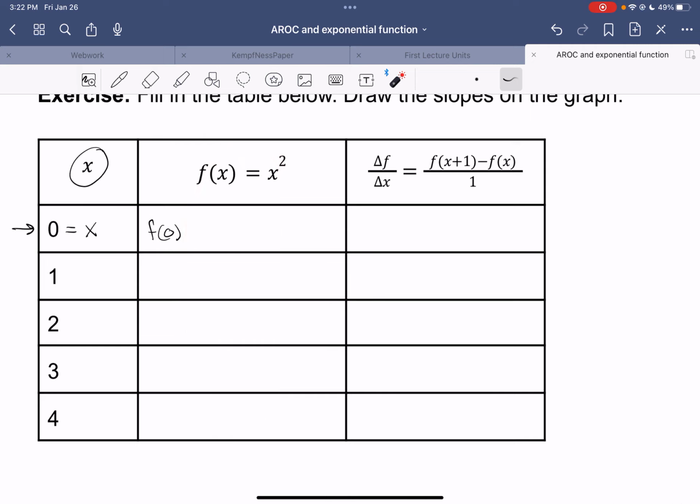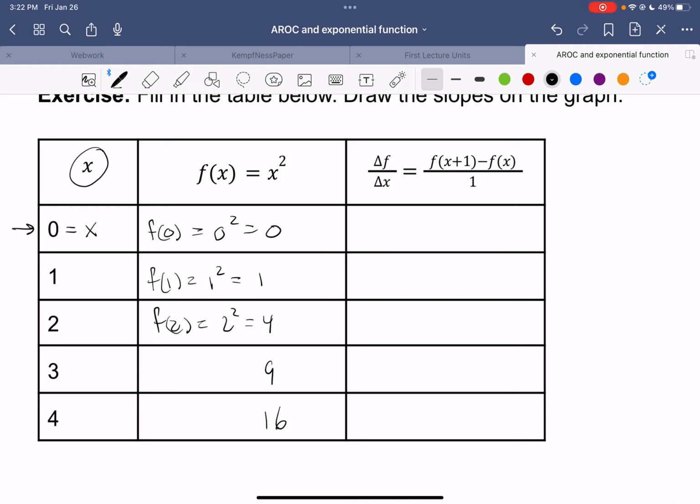Well, you have to replace x with whatever the x value is, right? So this is 0 squared, this is just 0. What goes here is f of 1, this is 1 squared, this is just 1. So here's f of 2, this is 2 squared, this is 4, and then 9, and then 16, and this is f of 4, and this is f of 3, right? So the rows tell us the x value, and the columns are telling us what to do with that x value.